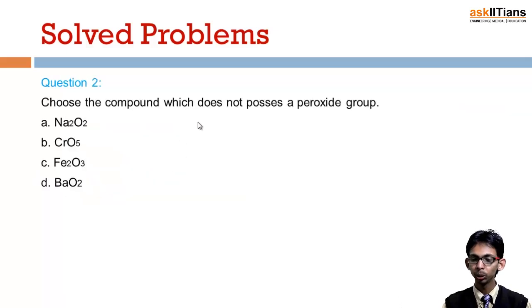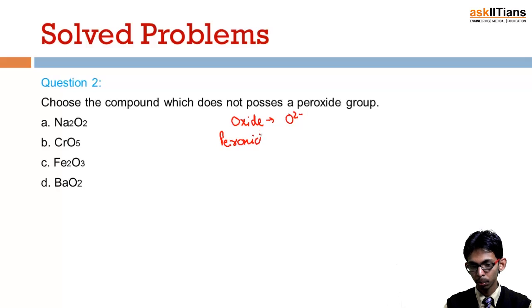Next is, choose the compound which does not possess peroxide group. So actually oxides are of three types. First is simple oxide, and these contain O2 negative ions. Next are peroxides, and these are generally O2 2 negative ions.